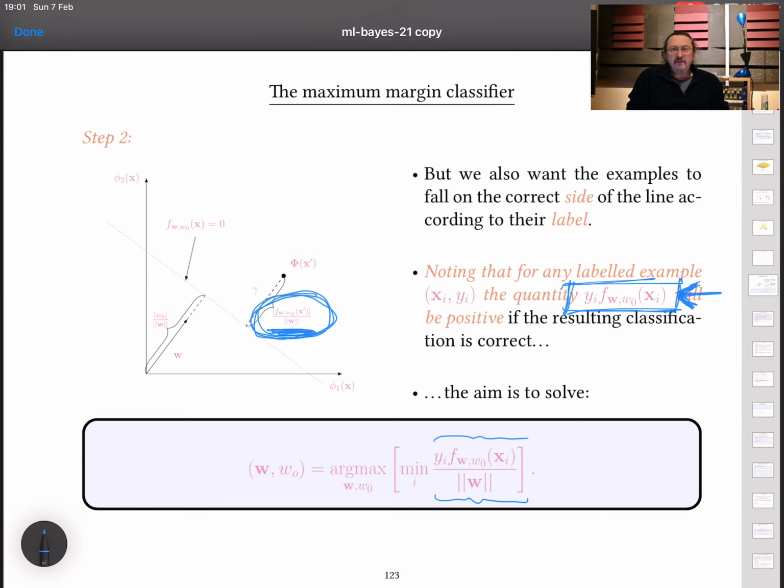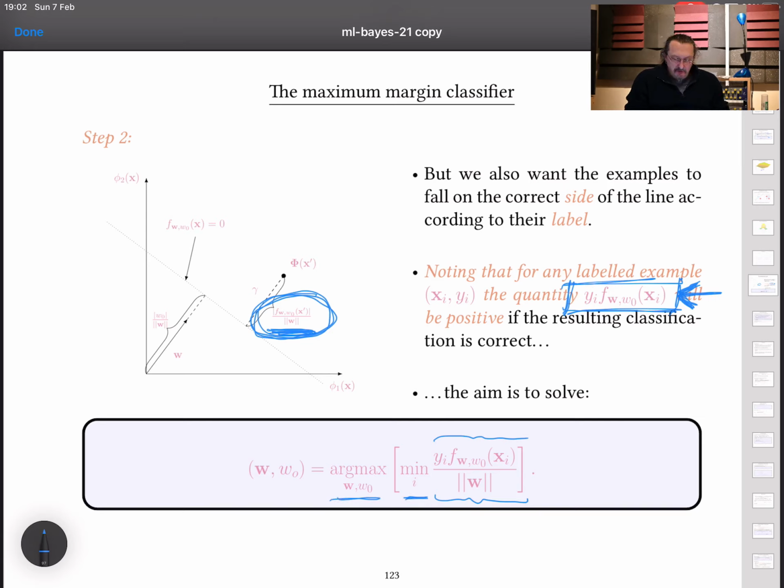Because y_i f of x_i is positive when f is giving a correct classification for the ith training example, dividing by mod w then gives us the distance of the ith example from the decision boundary, and we want to maximize the smallest of those.